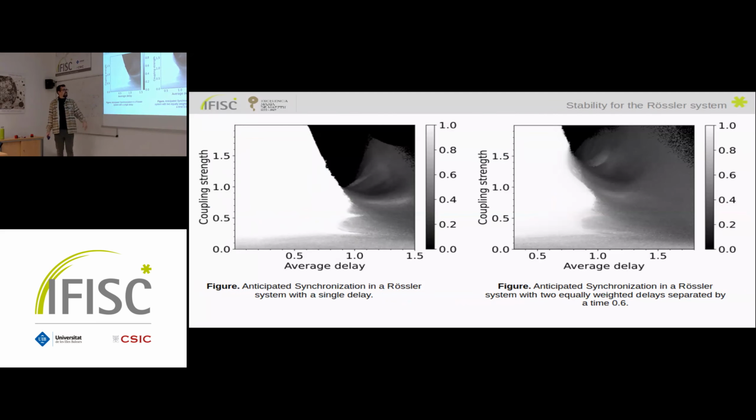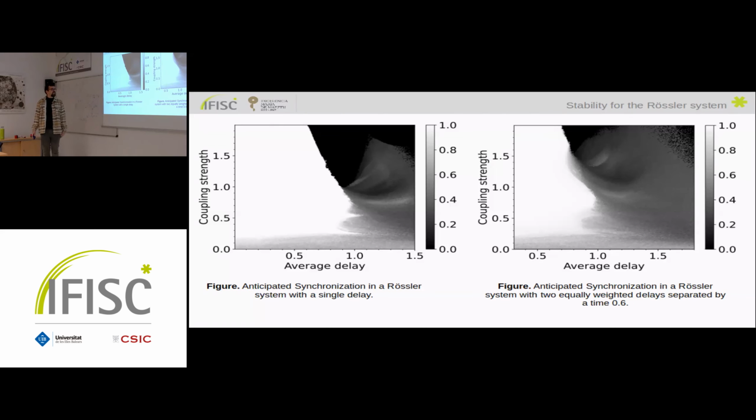It is worth mentioning that now in a chaotic system, we need some minimum coupling strength in order to have anticipated synchronization. Before, in the linear system, all of this was in white, but now no. Now we need some minimum coupling strength to have anticipated synchronization.